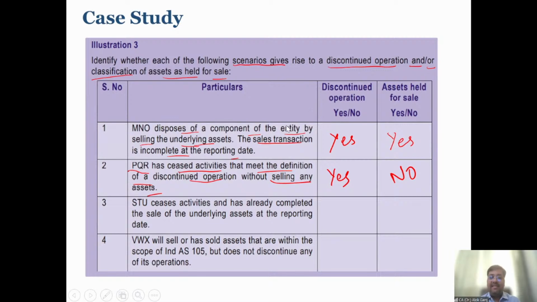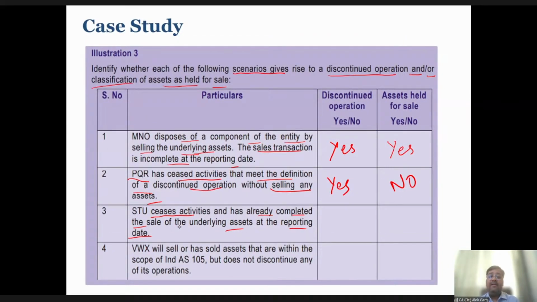STU ceases activities and has already completed the sale of the underlying asset at the reporting date. STU ceases activities means they have stopped activities and have already completed the sale of the underlying assets at the reporting date. They have already sold out. They have already completed the sale of assets relating to discontinued operations.